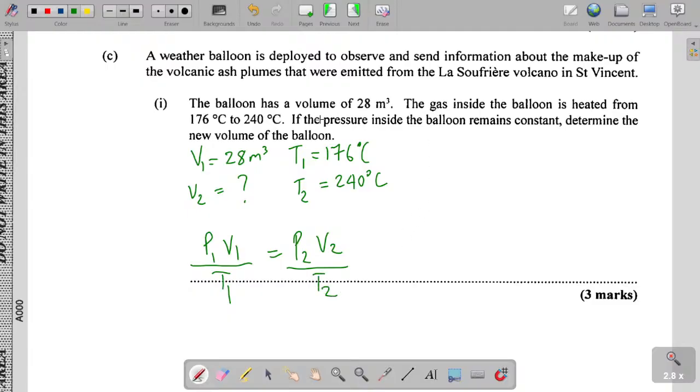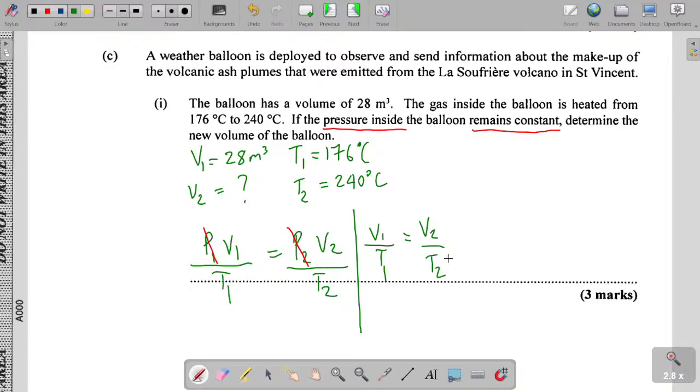Right? And because the question says that the pressure inside is constant, then we can eliminate the pressures from the equation. So that means our equation to calculate the answer will be V1 over T1 equal V2 over T2.